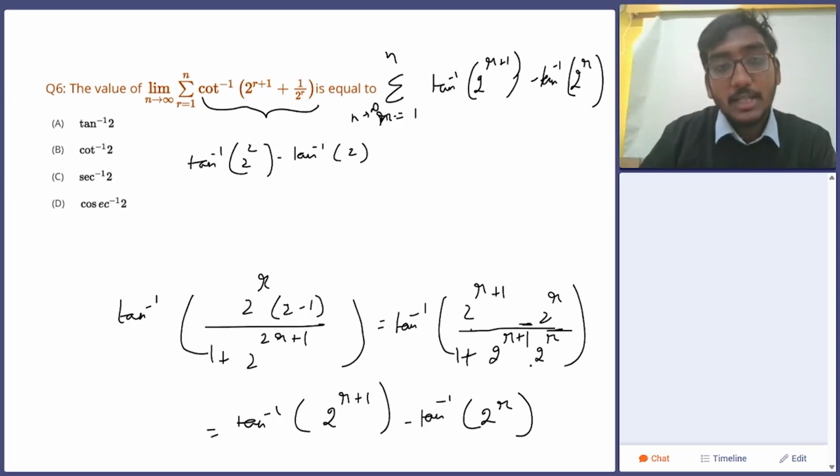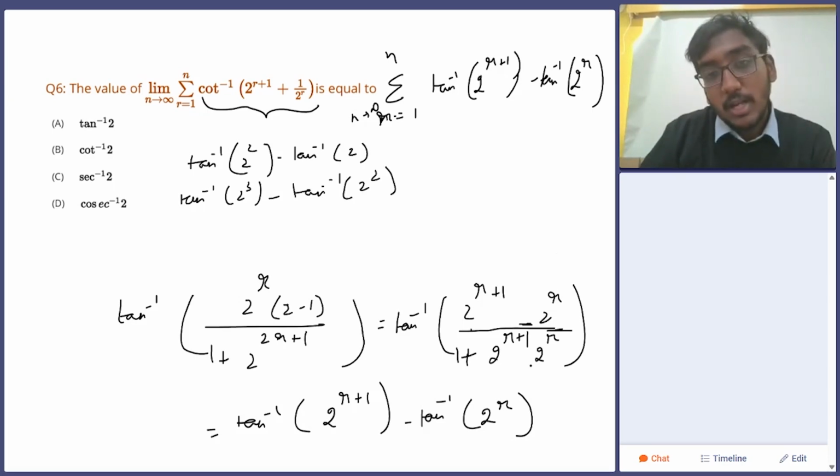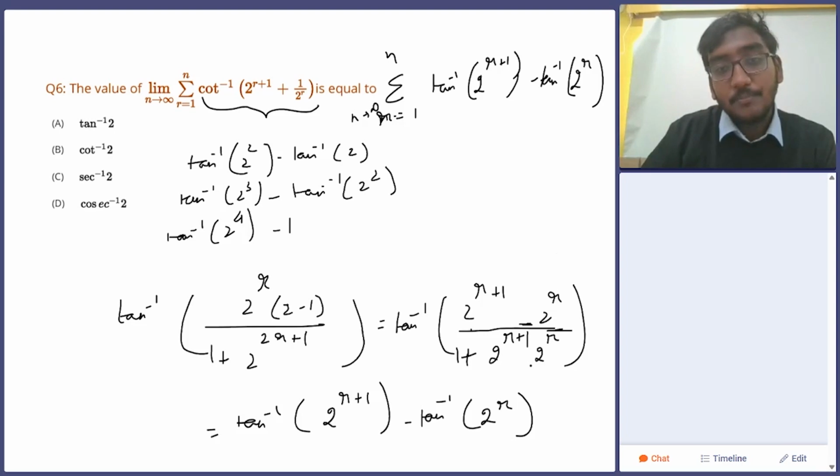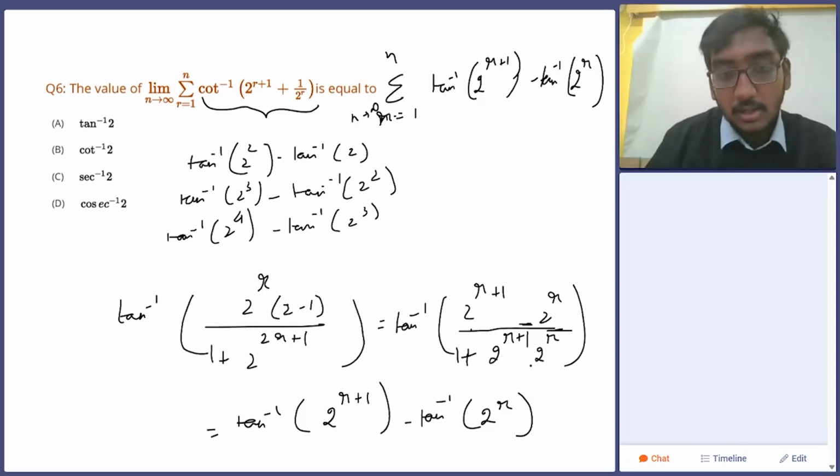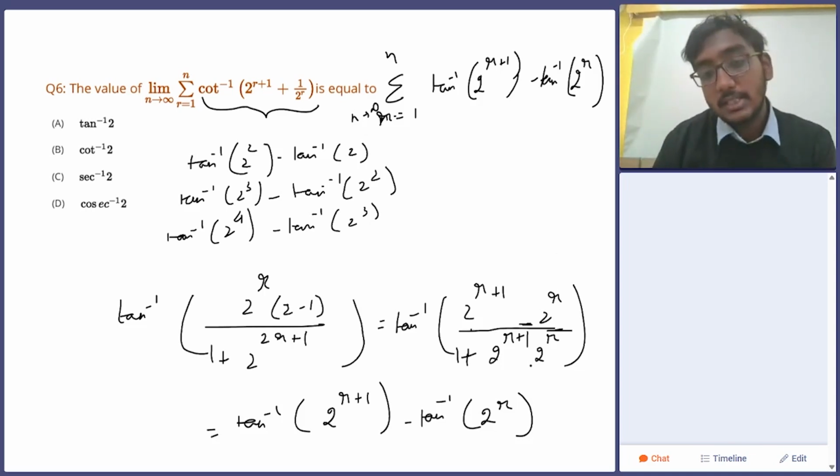What will be the next term? It will be tan inverse of 2 cube minus tan inverse of 2 square. The next term will be tan inverse of 2 power 4 minus tan inverse of 2 cube. Like that it will keep going.